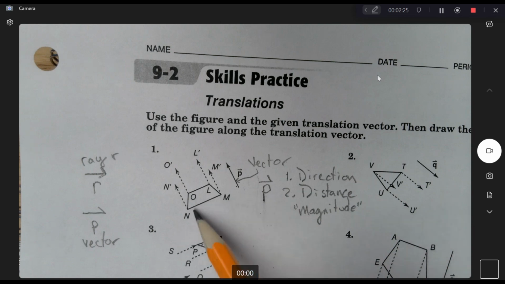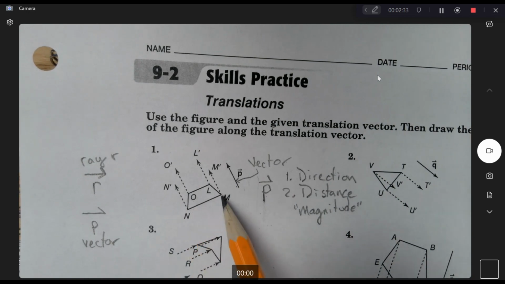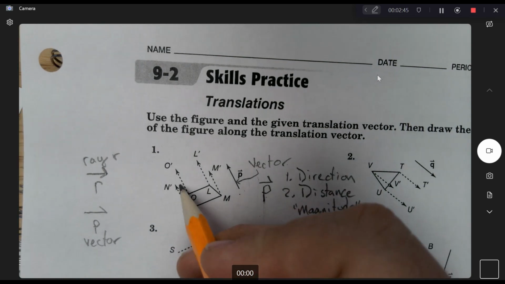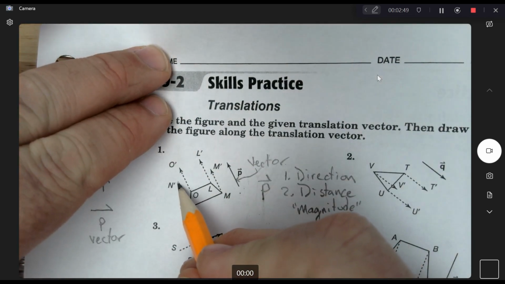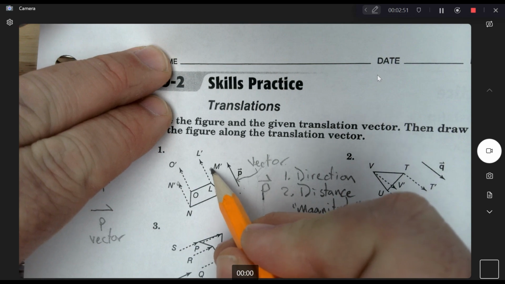So here, if you look, this right here is a trapezoid, LMNO. And what we're going to do is use vector P to translate it. You can see vector P has been created here with dotted lines. It tells us exactly how far, and all we have to do is put the dots here.